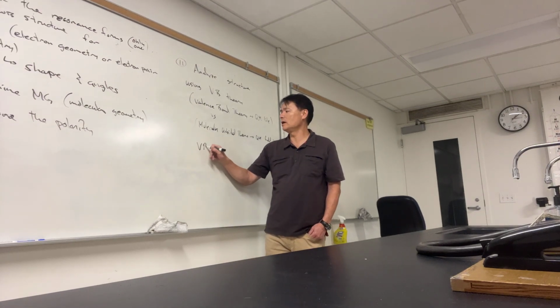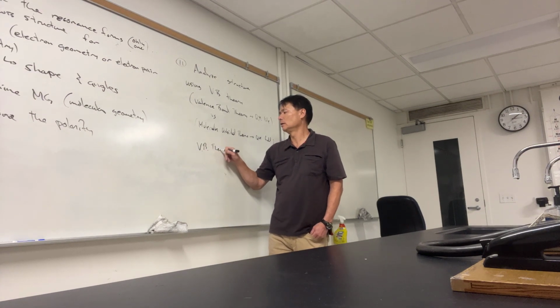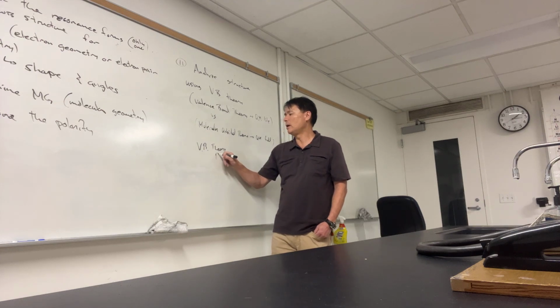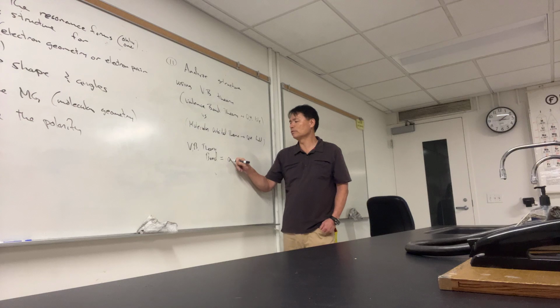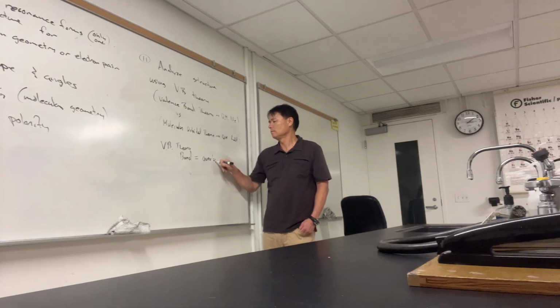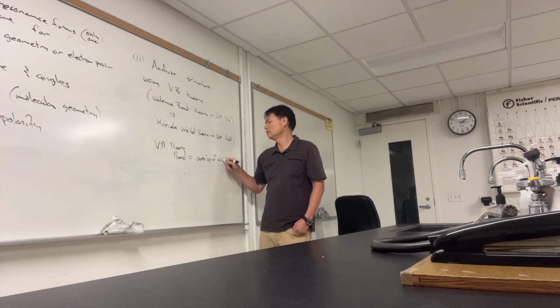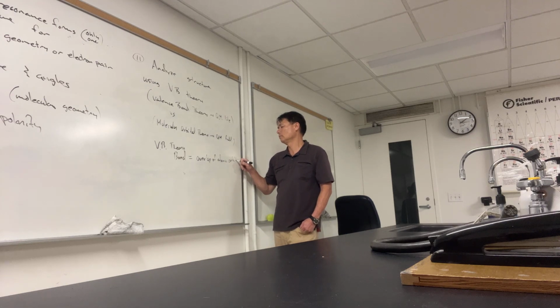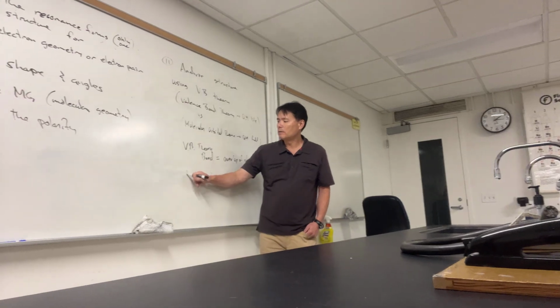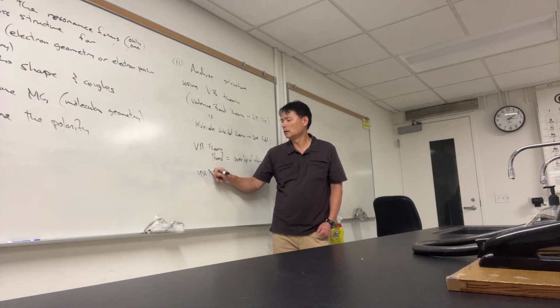In valence bond theory, a bond is described as overlap of atomic orbitals. However, in MO theory, a bond is a bit more complex.